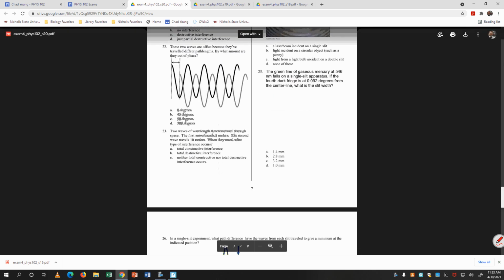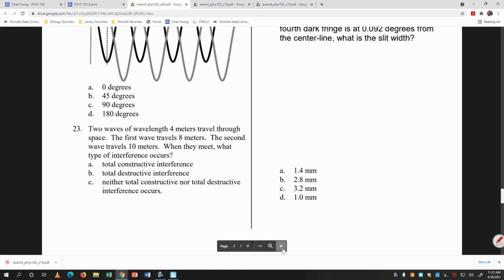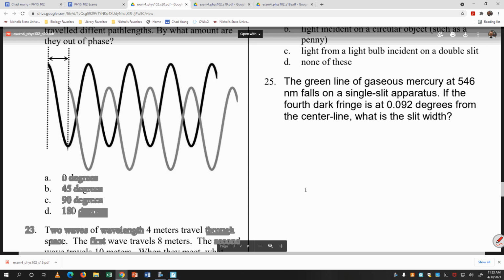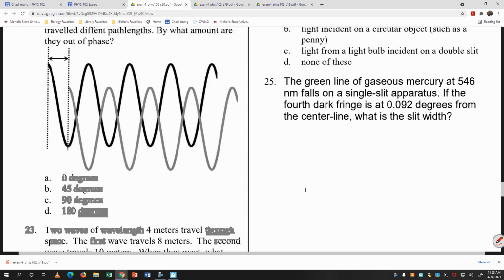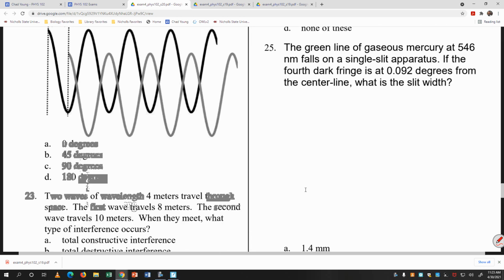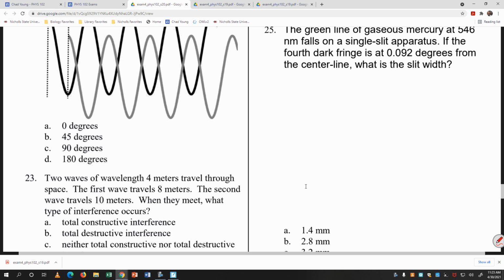Okay, 25 is a good example. This is spring 2020. I think 25 is actually from here, one of the chapter problems in the back of your workbook. Green line of gaseous mercury at 546 nanometers, so lambda equals 546.